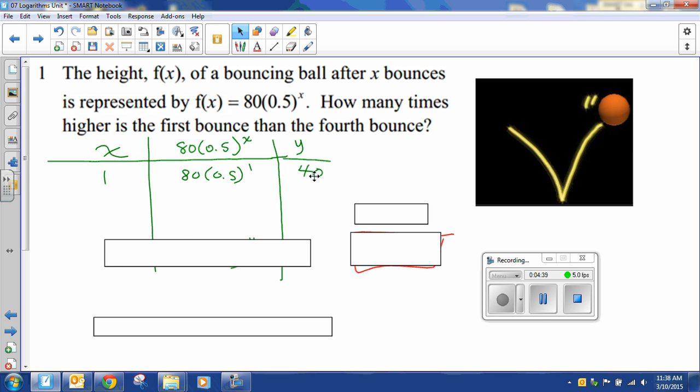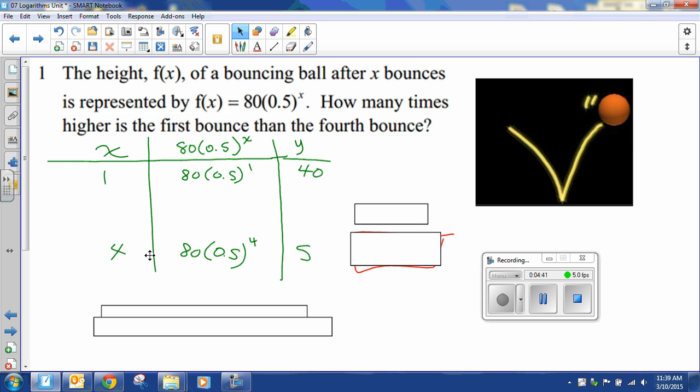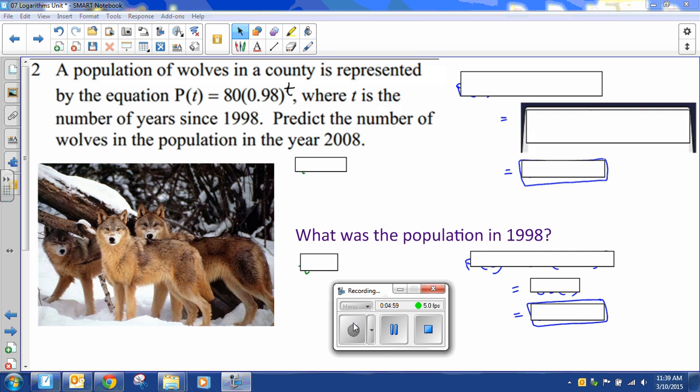After one bounce, the height is 40. After 4 bounces, the height is 5. That makes sense because half of 80 is 40, half of 40 is 20, 10, then down to 5. So 40 divided by 5 is 8. So it's 8 times higher.